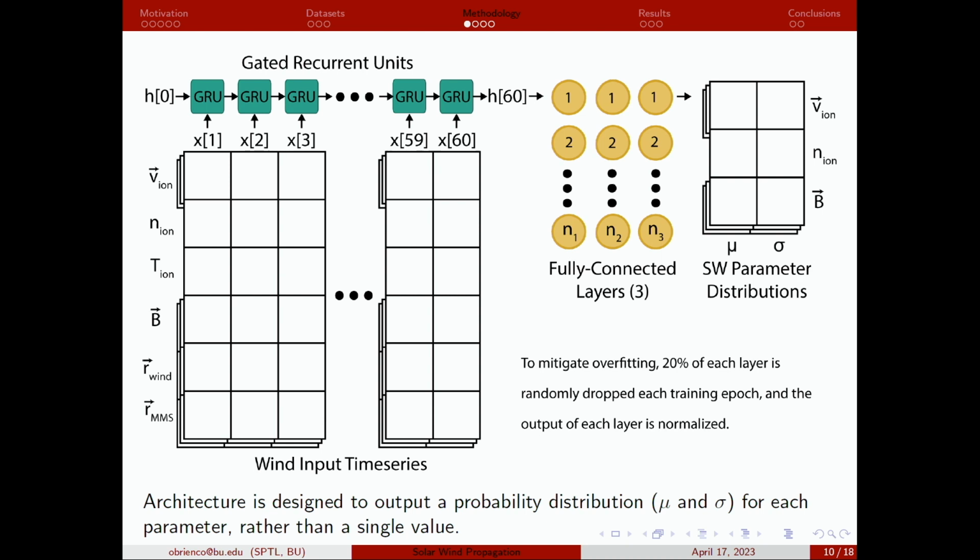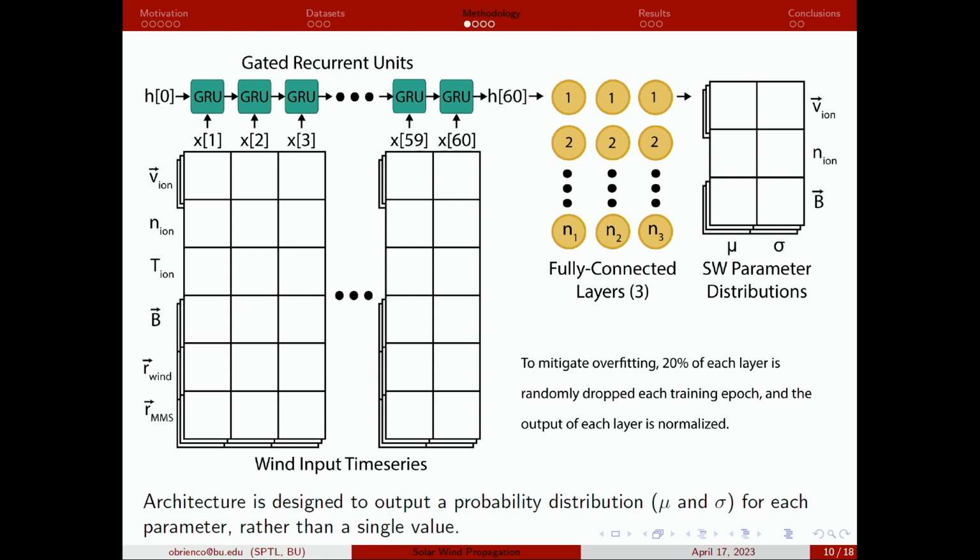And then the fully connected network outputs not individual, analog, deterministic predictions for each parameter, but rather a mean and a standard deviation that then defines a probability distribution for each of the parameters in the MMS data. So that's the ion velocity, density, and magnetic field.